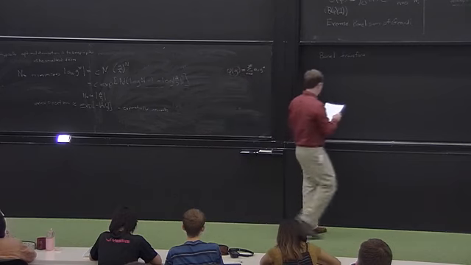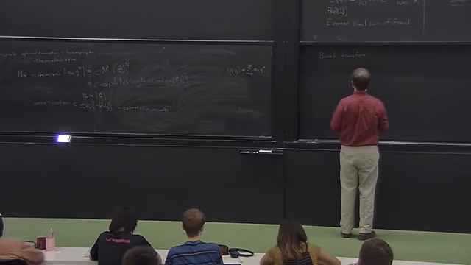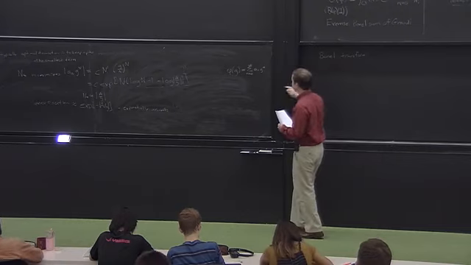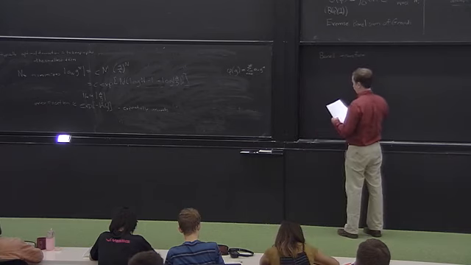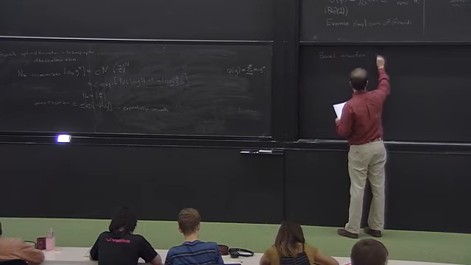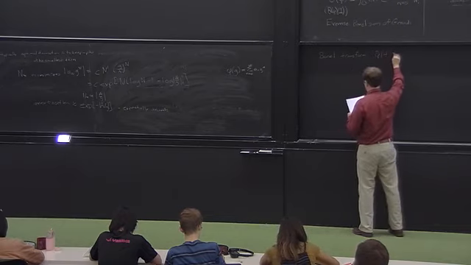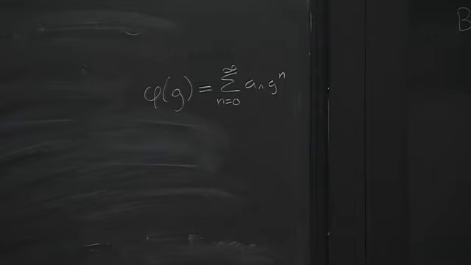So in the case that we have a series like that, we can define the Borel transform of the series as the sum of a_n over n factorial, z to the n.